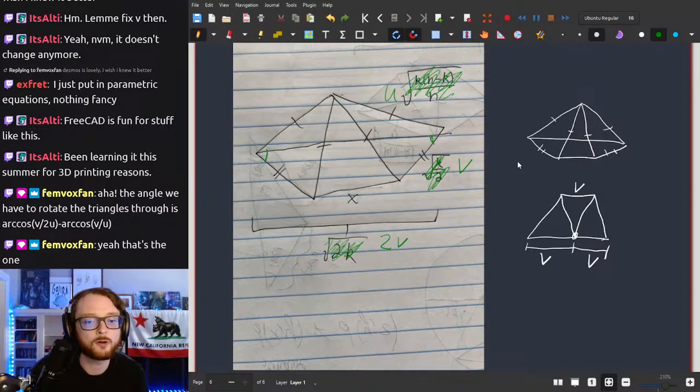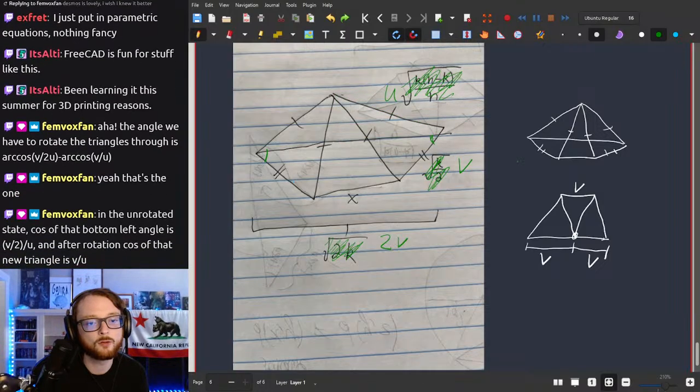I guess arc cosine v over u is probably coming from this right triangle up here. Yeah, so that's the angle we're subtracting out. And so then presumably the entire angle is arc cosine v over 2u.